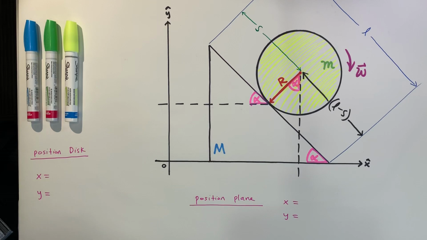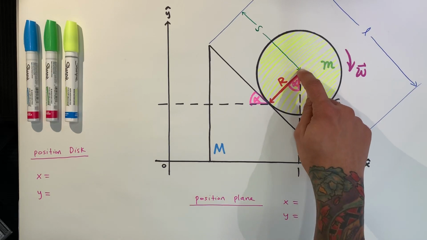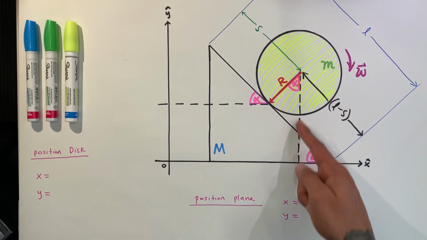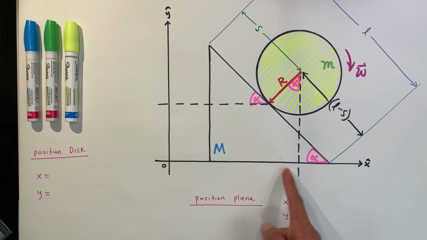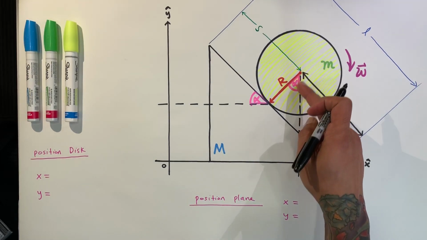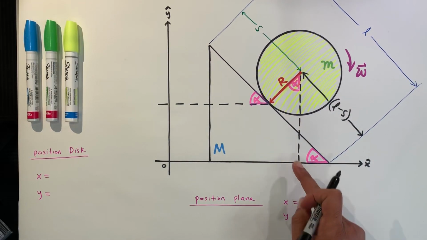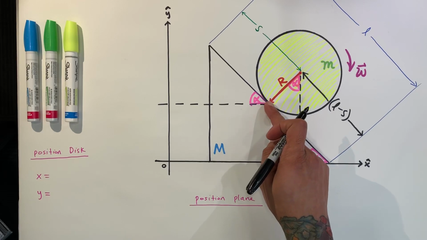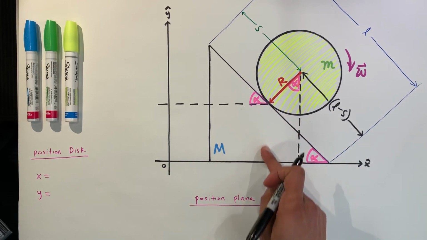Now let's do some trig. We want the center of this hoop and we want the X position of it. So let's start drawing some lines and taking advantage of some trig properties. We already drew a line down from the center of the hoop. Let's draw a line down from where the radius meets the plane.